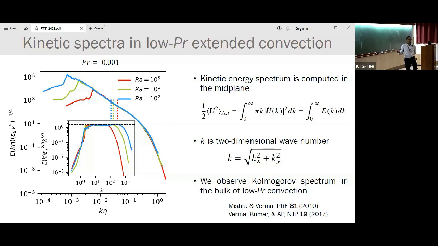For low Prandtl numbers, they performed simulations in a free-slip box with horizontal periodic boundaries, and they found that the Rayleigh-Benard convection is Kolmogorov-like. Some of the simulations had very high Rayleigh numbers. So basically, in low Prandtl number Rayleigh-Benard convection, the bulk is Kolmogorov-like.